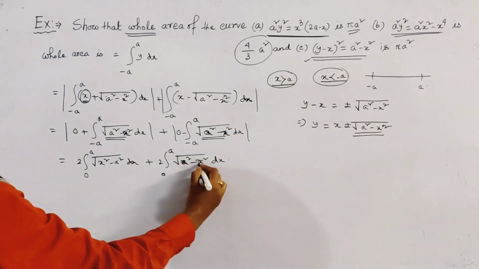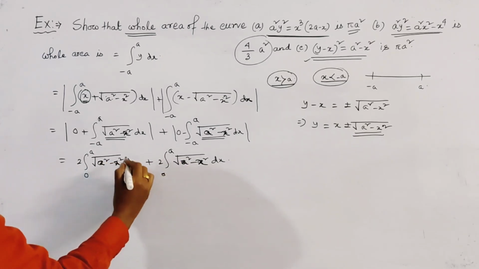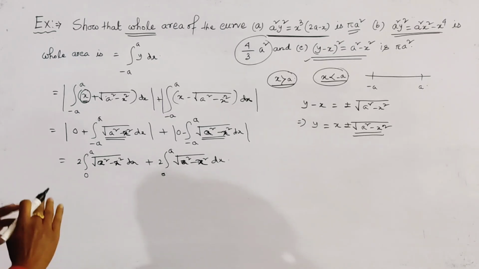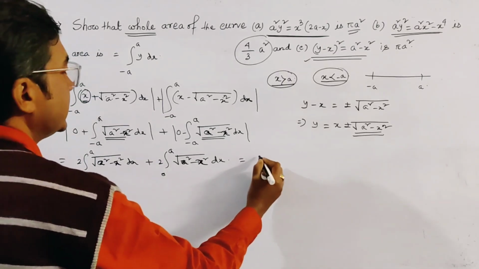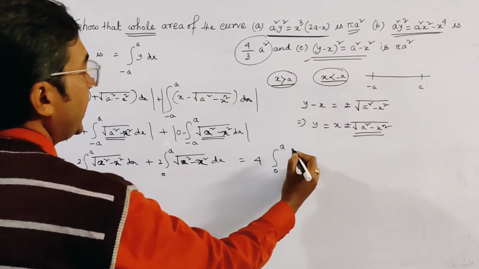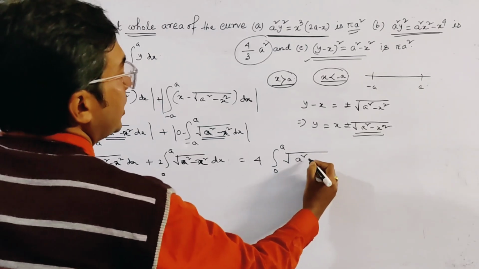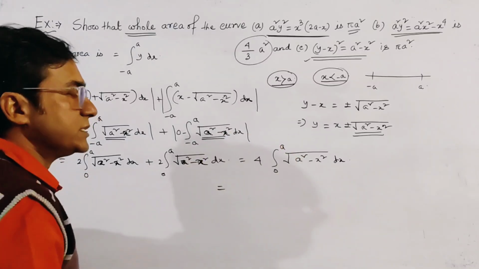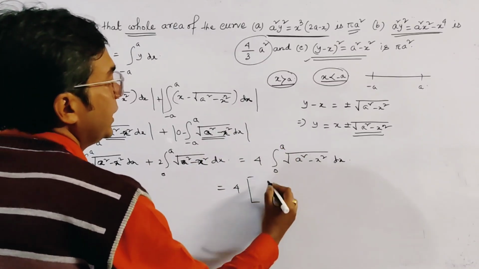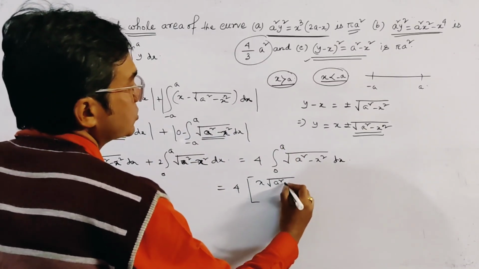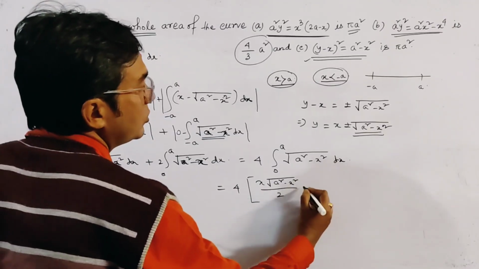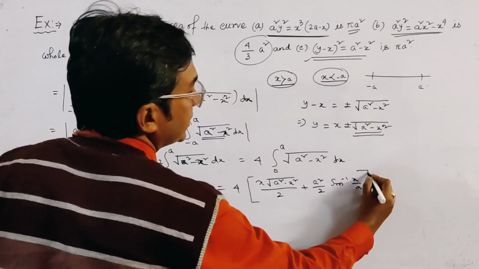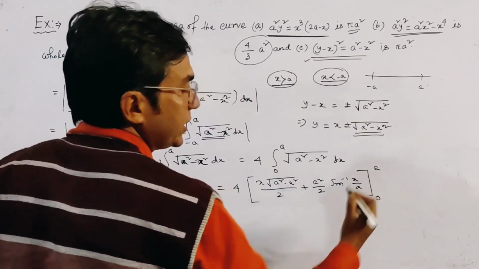Now both integrations together give 4 into integration 0 to a of root under a square minus x square dx. The formula for this integration we know: 4 into x into root under a square minus x square by 2 plus a square by 2 into sine inverse x by a, and the range is 0 to a.